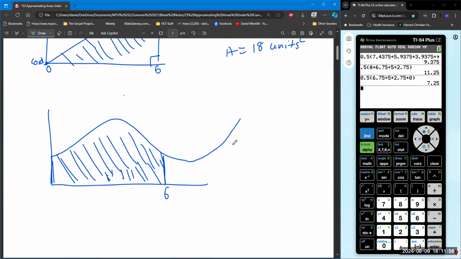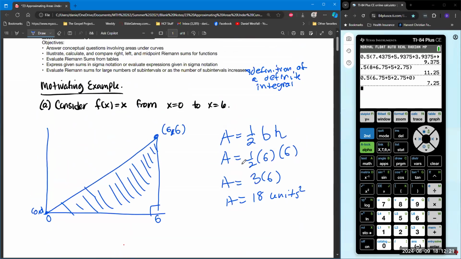As I get infinitely many rectangles here, this is what I wanted to show you. So this is what I just did in the last problem. As I get infinitely many rectangles that are infinitesimally small, I'm essentially just stacking all these infinitesimally small rectangles next to each other and coloring in under the curve and squeezing out all the air. And that's what the idea of a definite integral does for me.